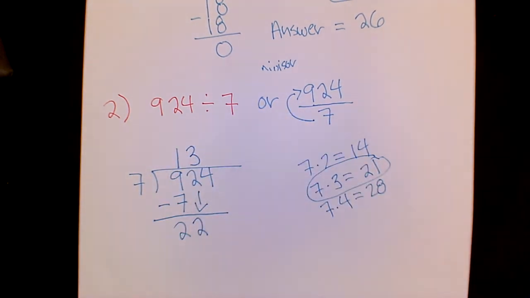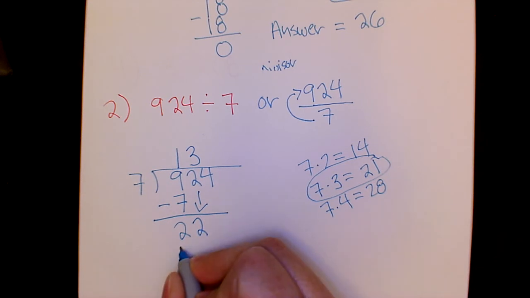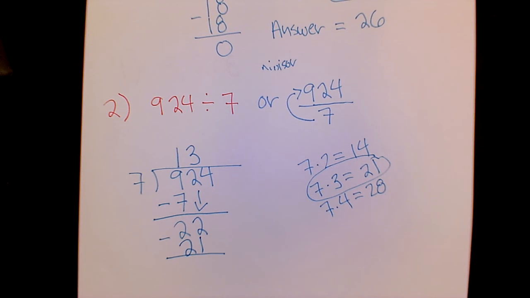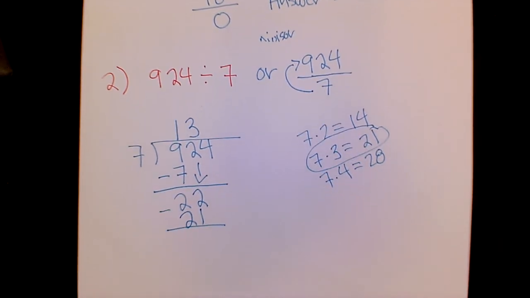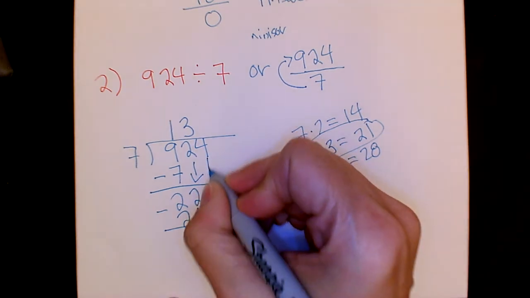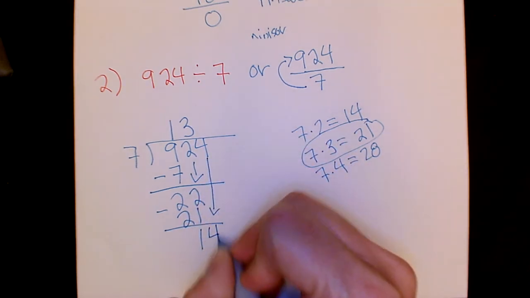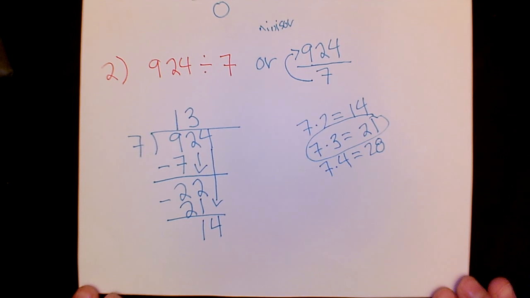So let's put the 3 up above the 2, because it goes into the 22. So 7 times 3 is 21. Let's subtract. 22 minus 21 is 1, and all we have left is a 4 to bring down.